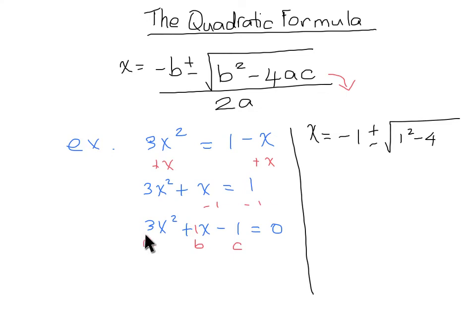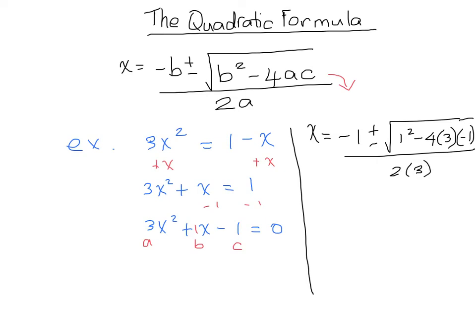A is 3, c is negative 1, so we have a as 3 and c as negative 1 all over 2, and again a is 3.